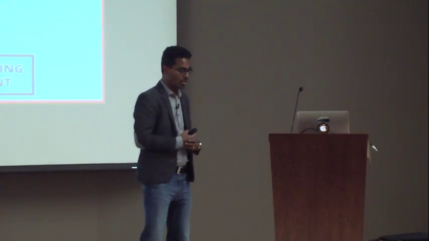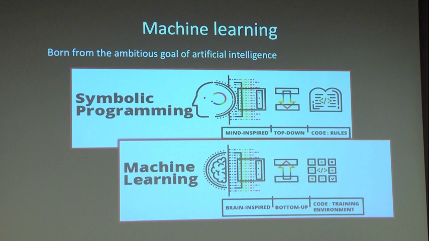The other way to look at designing artificial intelligence systems is machine learning, which is now gaining a lot of attention in different areas, not only in science, but also in the commercial world. So this is more brain-inspired. Think about it, the brain is composed of neurons, right? And neurons are connected to each other, and by just doing activation, intelligence is emerging.